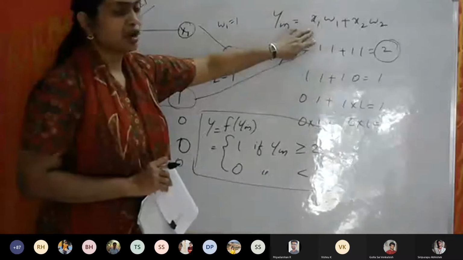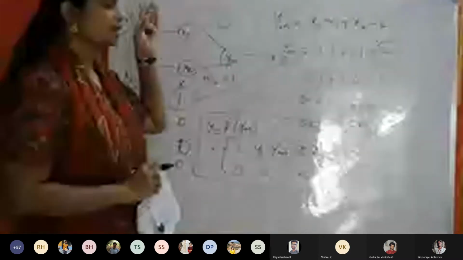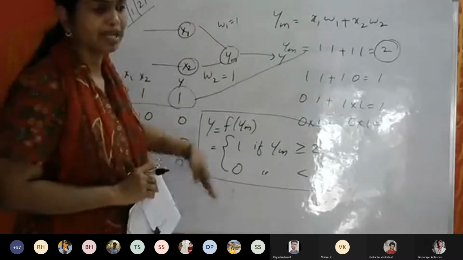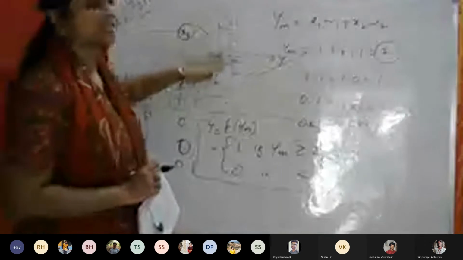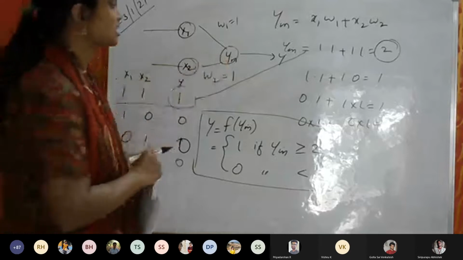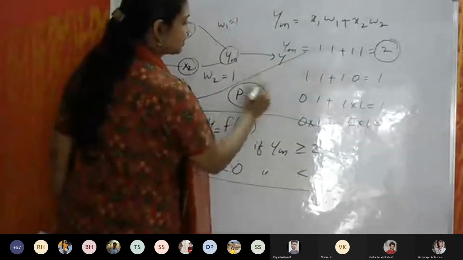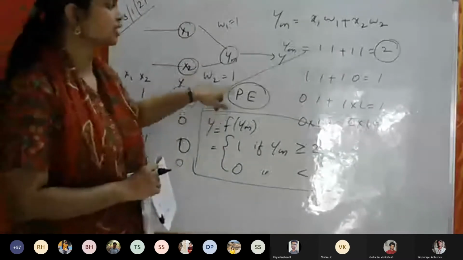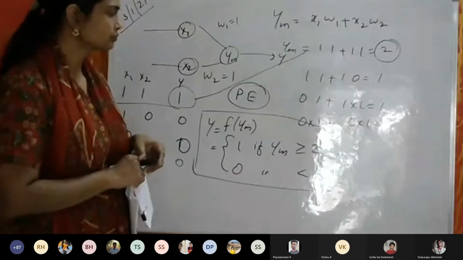The sum of xi wi plus b will also be done here, and then based on the threshold it has to apply the activation function and give the output. So all the operations take place in this cell. This is called a processing element. In short, it is usually written as PE. So this is the processing element where the inputs and the activation function are all calculated.